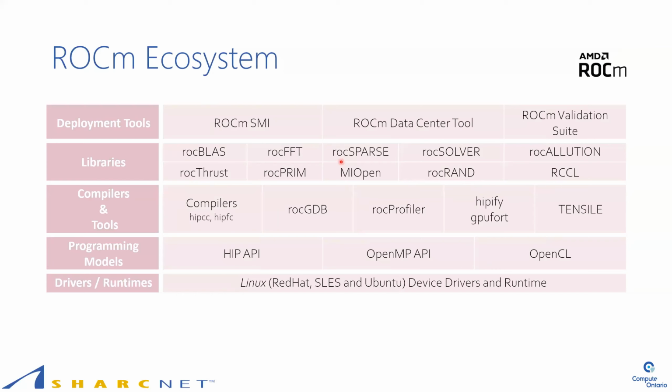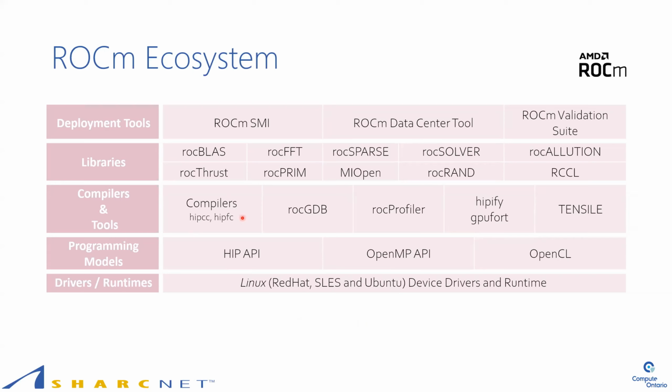And here is the ROCm ecosystem with the same layout, so you can easily compare them. For example, you can easily see that ROCm is only available for Linux, different distributions of Linux, not Windows or Mac OS drivers. The supported programming models are the HIP API, OpenMP, and OpenCL.